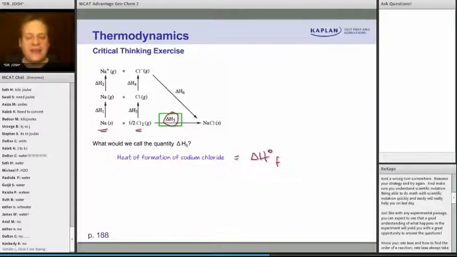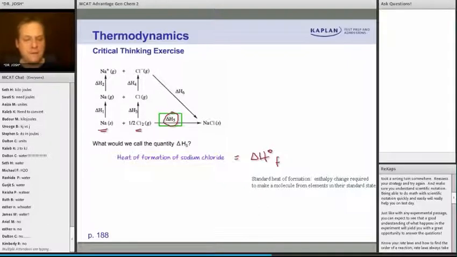Therefore, we call this the heat of formation of sodium chloride, or delta H naught, or rather delta H super naught sub F. Standard heat of formation, right? And to define it, standard heat of formation is nothing more than the enthalpy change required to make a molecule from elements in their standard state.